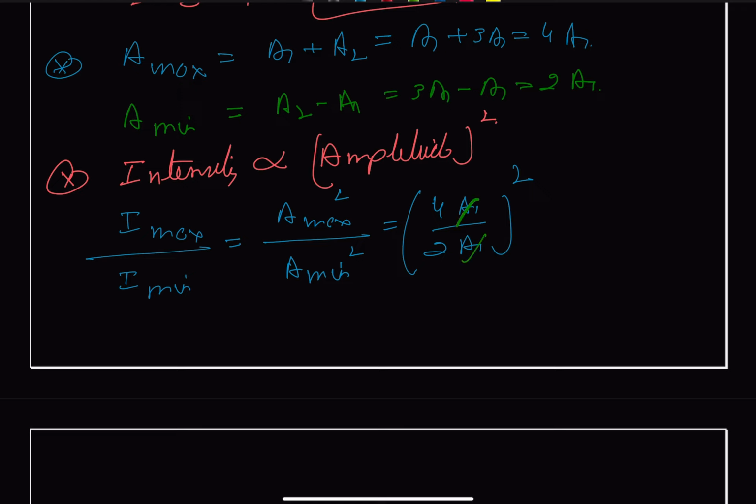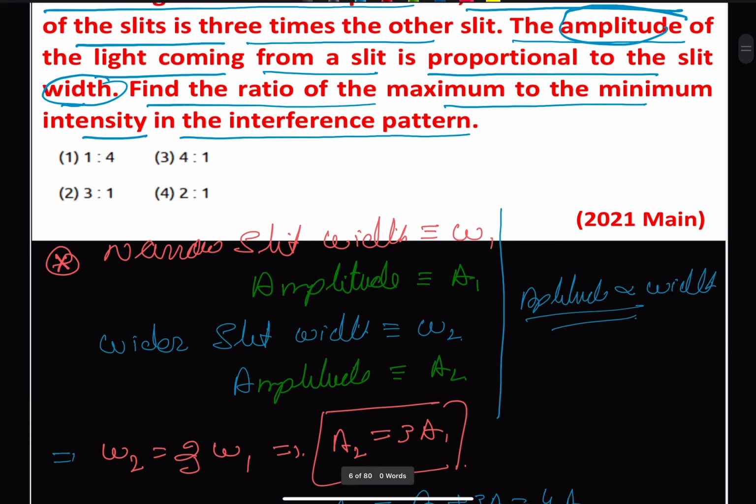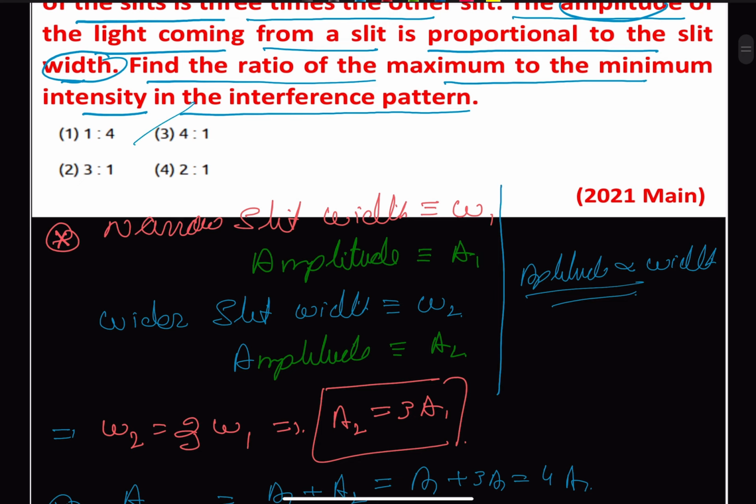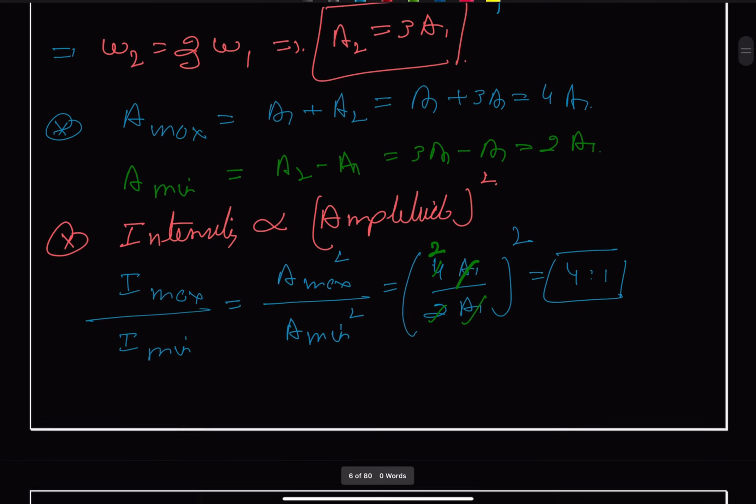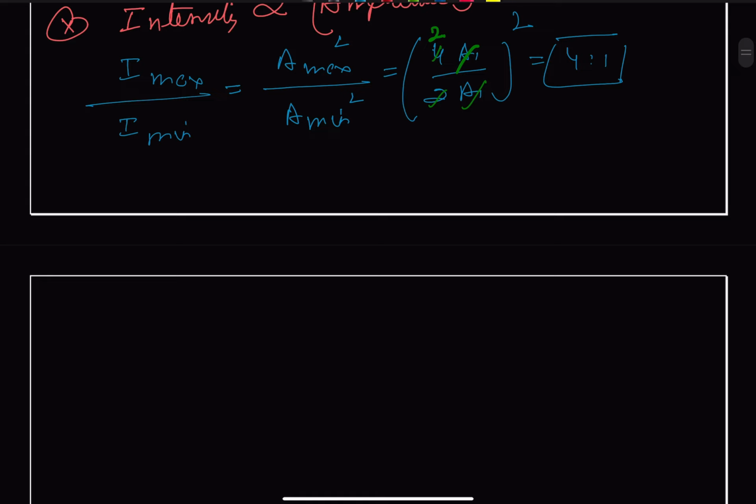Here A1 cancels and this goes by 2, giving us 4:1. So option number 3 is the correct one. Option 3 is correct.